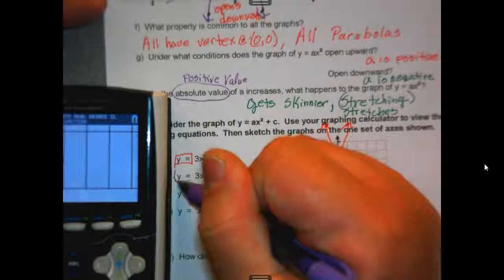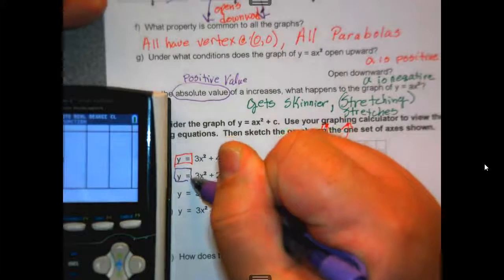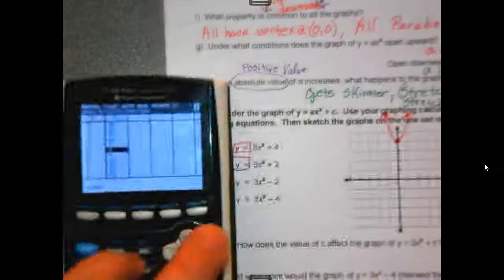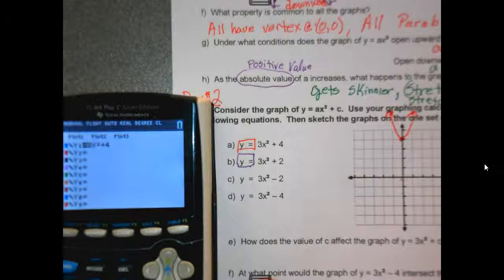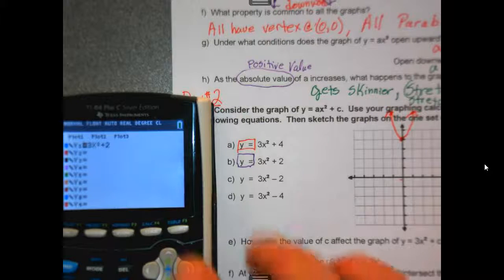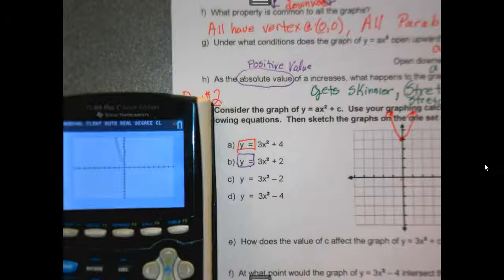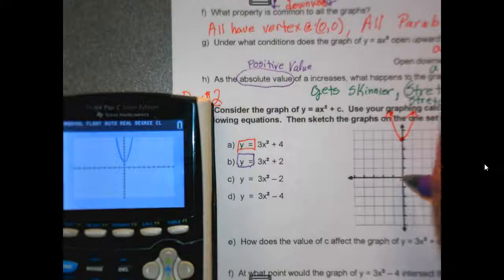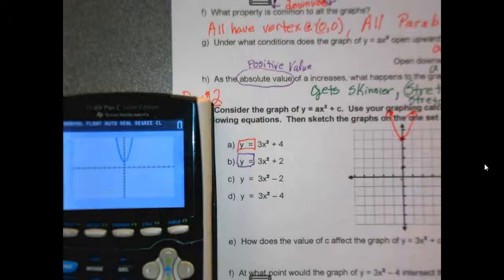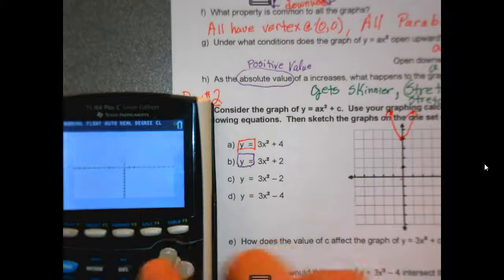So in your y equals button, I'm going to clear this one out, put 3x squared plus 2, hit graph. And what's happening here? It's going up at 2, right? Everything else stays the same. Go to our graph.